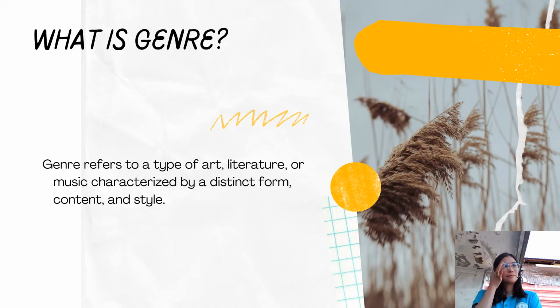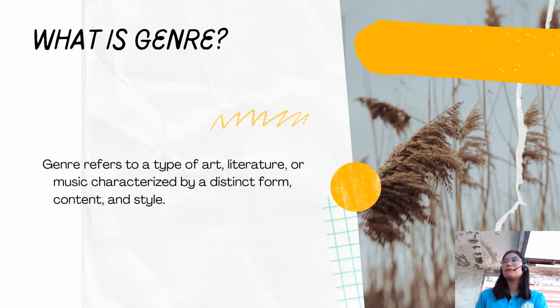Okay, next. So what is genre? When we say genre, it refers to a type of art, literature, or music characterized by a distinct form, content, and style. So when we say genre, it is the type of literature or literary works that we read.